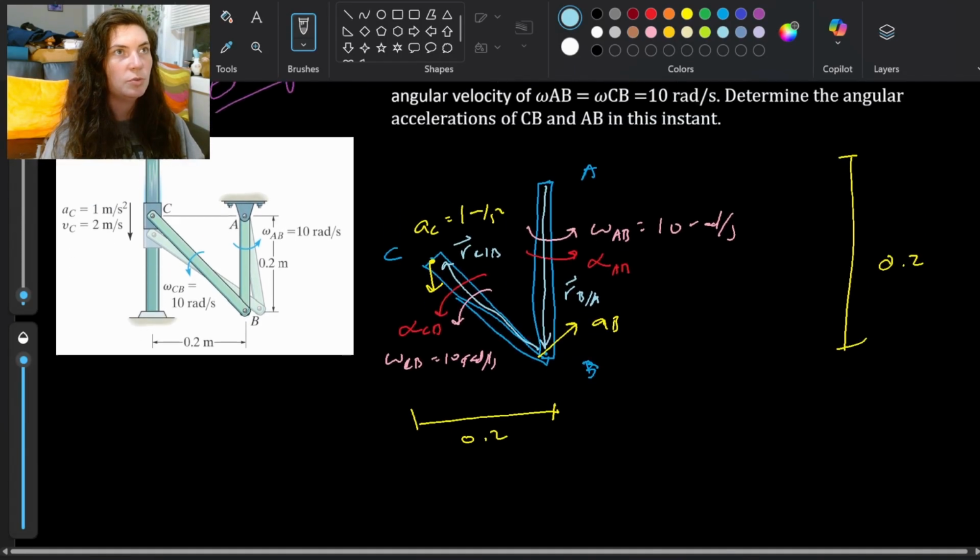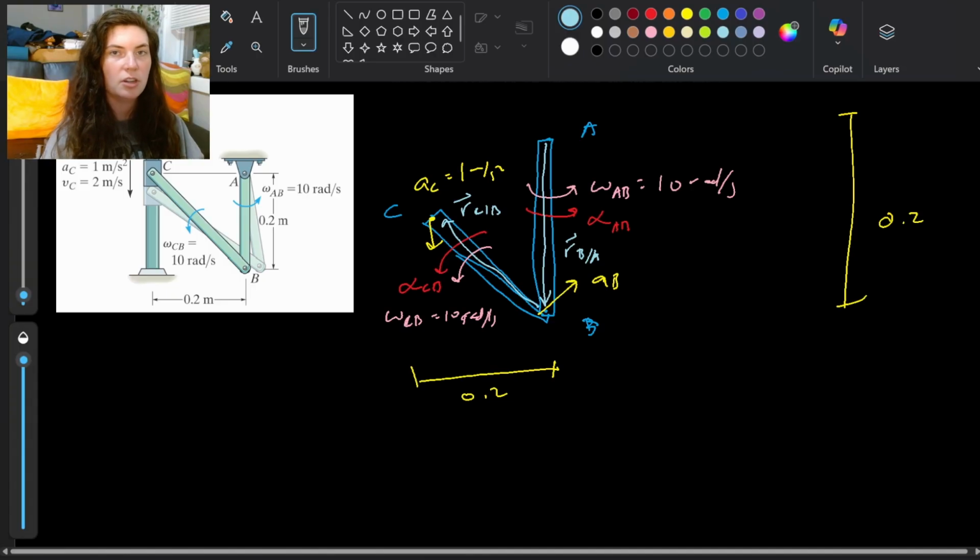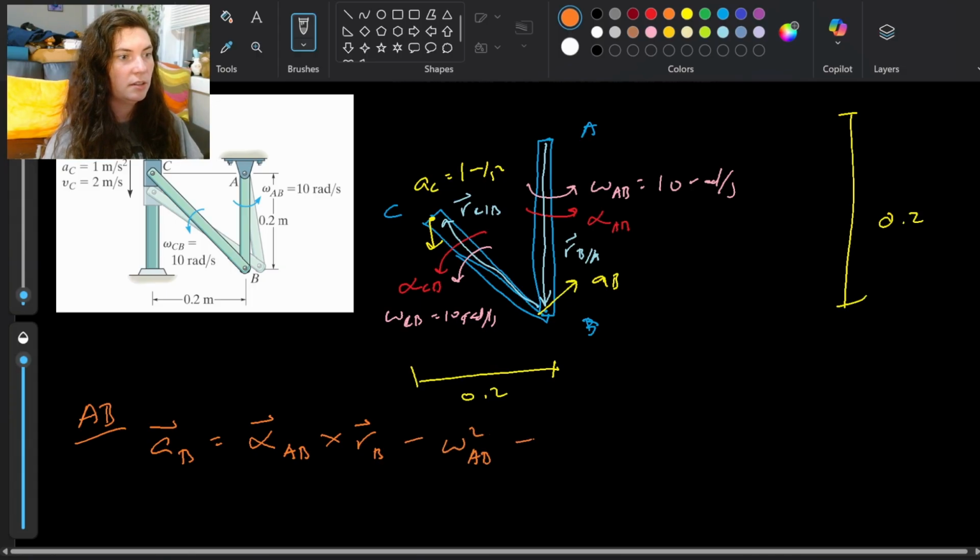And so what we're going to do is we're just going to start working it out. We're going to start rod by rod, just as we did in the last problem, and just kind of see how far we can get. So we know for AB, we'll start with AB and then work our way to CB. We're going to have acceleration of B. And again, since this is rotation about a fixed axis, we can use that rotation about a fixed axis is alpha AB cross RB minus omega AB squared times RB.